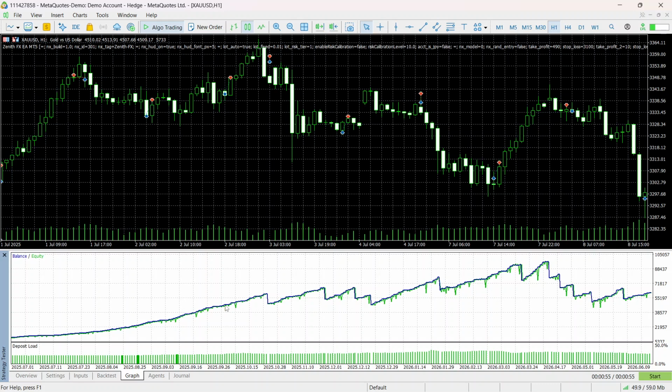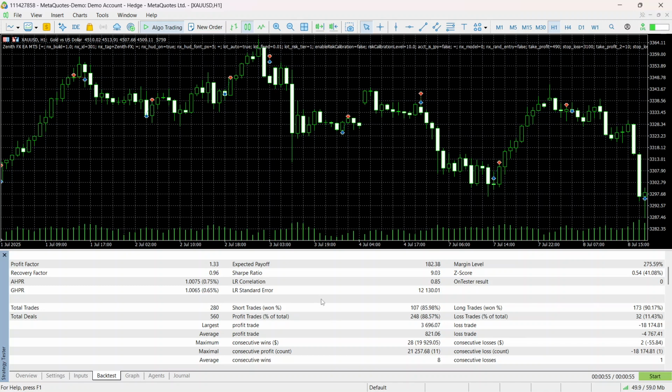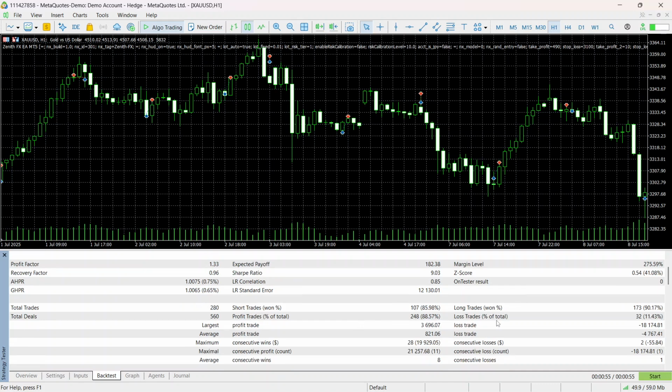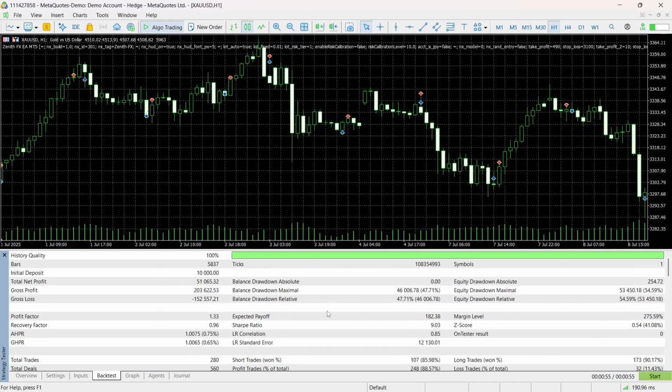Maximum equity drawdown hits 54.5%, and balance drawdown was just under 48%. We had the largest single loss, as you can see here, 18,000, compared with the largest profit of 3,000. This largest loss took a serious chunk out of the account, and that asymmetry is baked into the result.